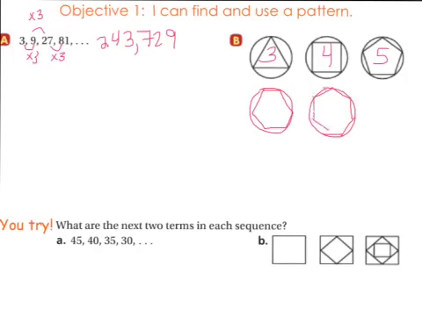Again, not the best, but maybe if I was using paper and pencil, it might be a bit nicer. So I want you to try below to find the next 2 terms in the sequence. Take your time to identify the pattern, and then show me the next 2 terms in each A and B.